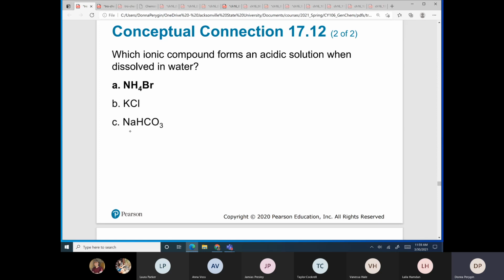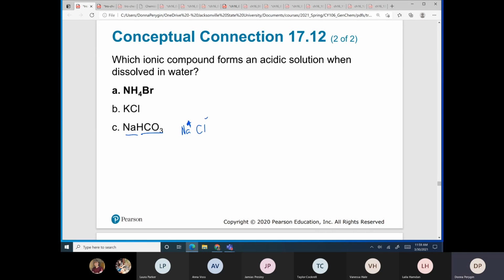Okay, so let's look at this. Sodium bicarbonate: sodium is the cation, so it's going to be pH neutral, because you can think of sodium chloride as a neutral salt. Bicarbonate is actually a weak acid. Let me write that down. Carbonic acid is a weak acid.